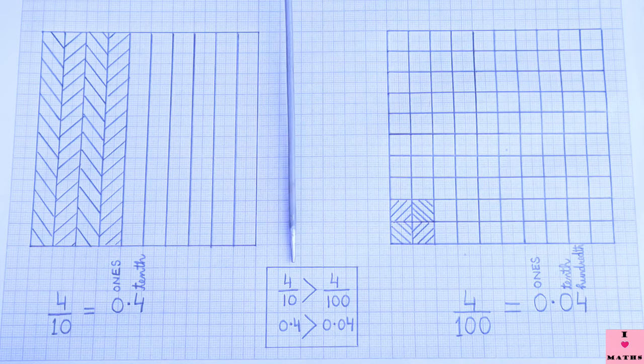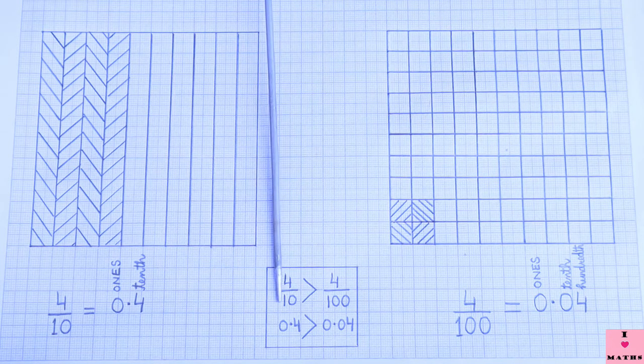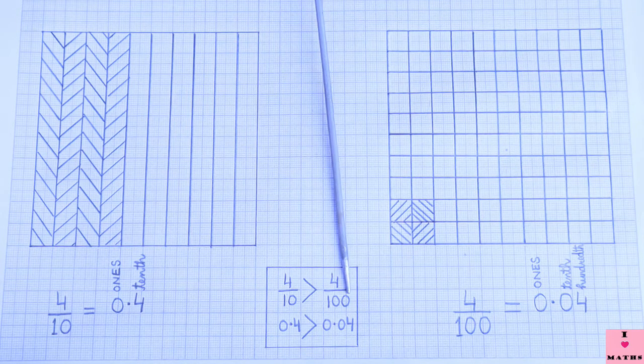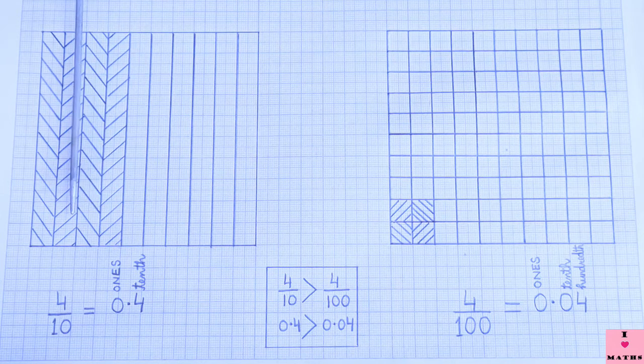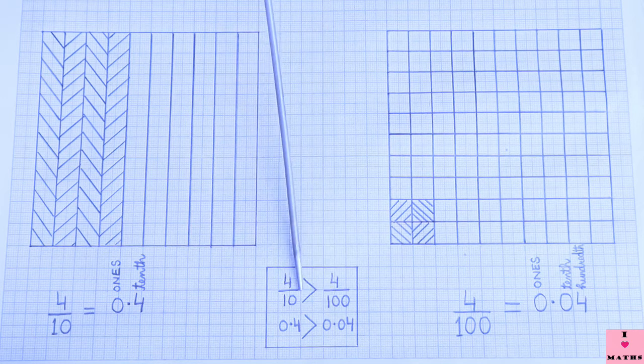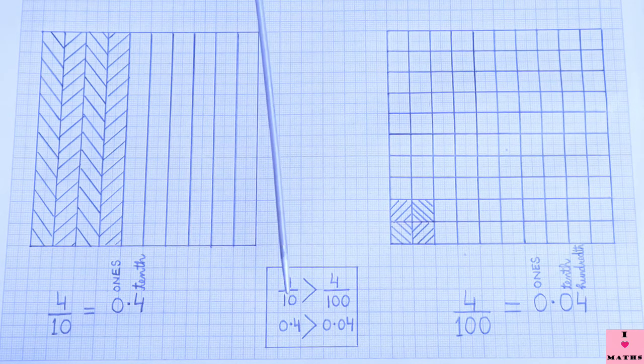Now 4 out of 10 is bigger than 4 out of 100. You can see these 4 parts are bigger than these 4 parts. When we increase the number of parts, here the total number of parts was 10, so each part was big in size.